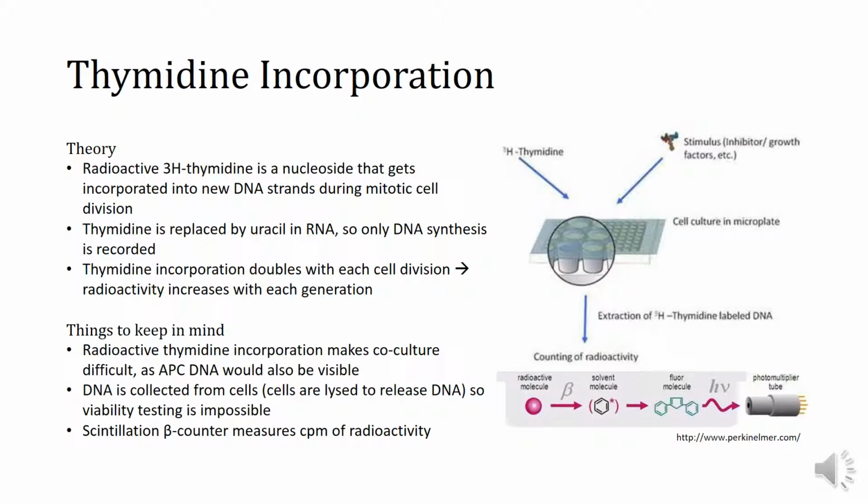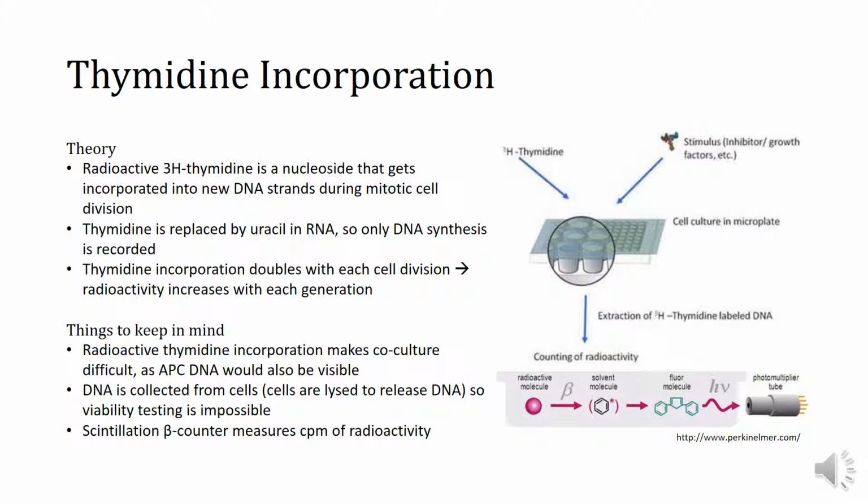Things to keep in mind: co-culture is very difficult with thymidine incorporation because the thymidine would also be incorporated in proliferating co-cultured cells, such as dendritic cells used as antigen presenters. DNA has to be extracted from the cells for this to be measured, so by lysing the cells, you kill them and viability testing becomes impossible.